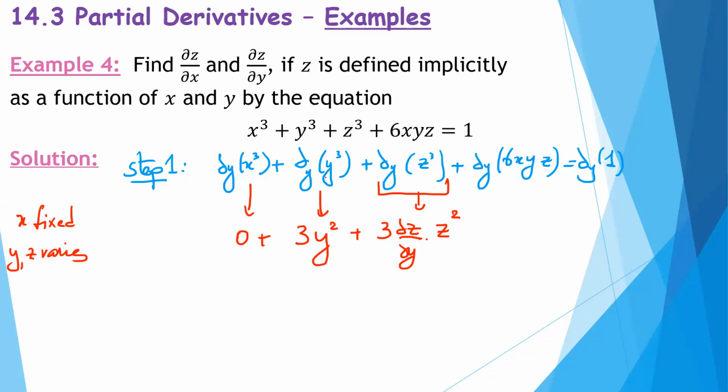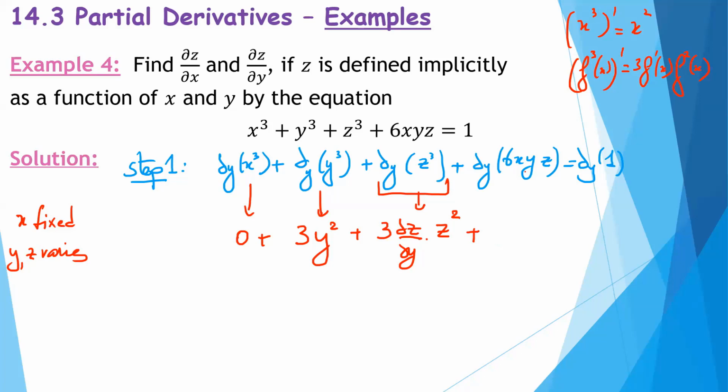You see the difference between the derivative of y cube, where we have directly the variable to the power 3, and here, where we have a function of the variable to the power 3. Okay, this is the difference. The derivative of f cube of x is 3 f prime f square. So this is what I'm using here.